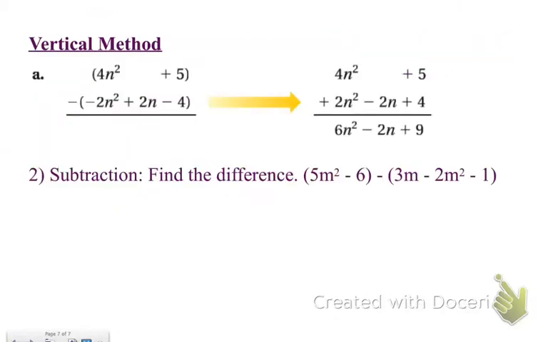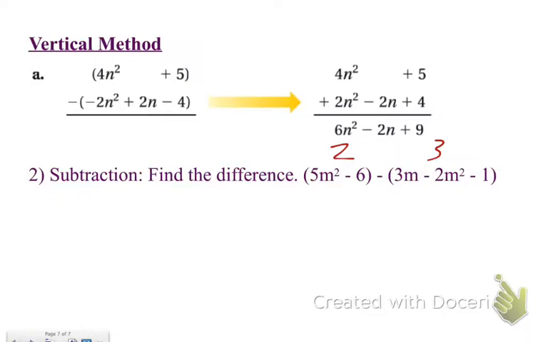The vertical method for subtraction is very similar again, but you're going to distribute the -1 so that you're then just adding. So for this example, notice again this one only has 2 and this one has 3, so we're going to have to be careful.